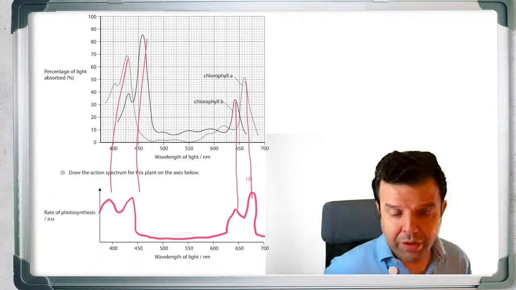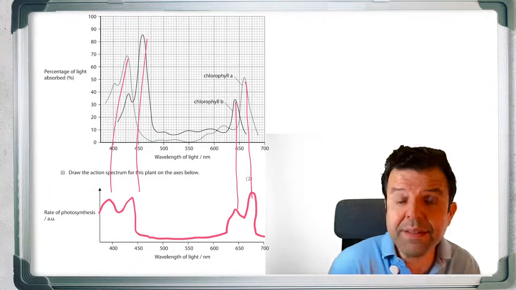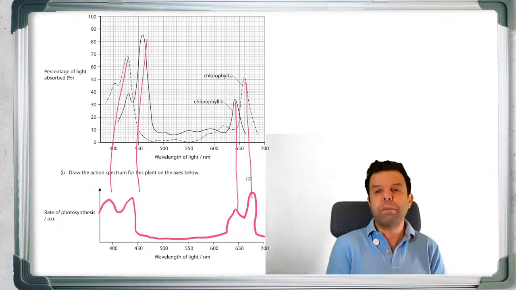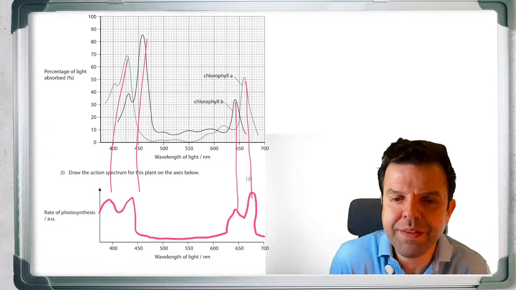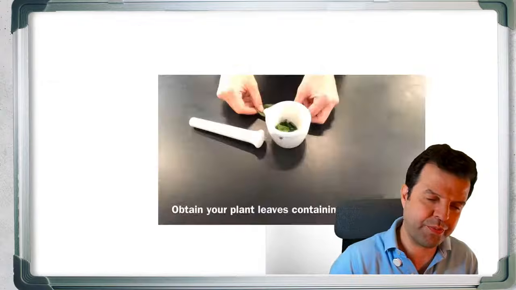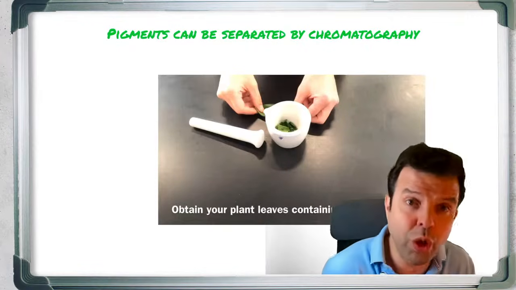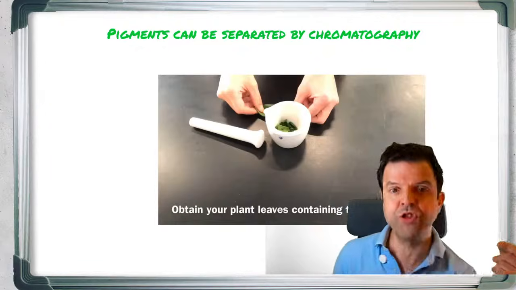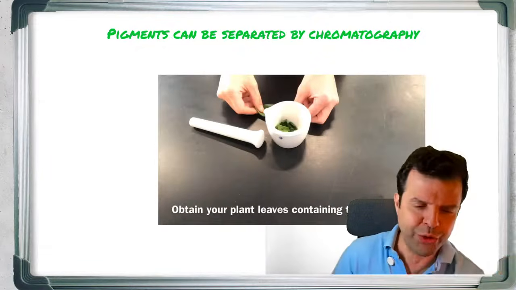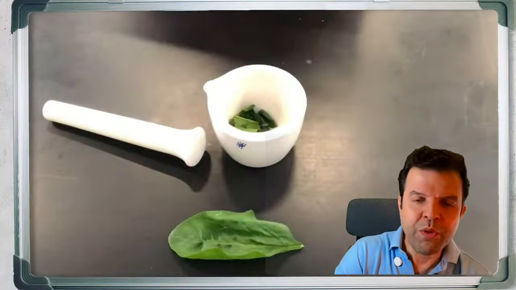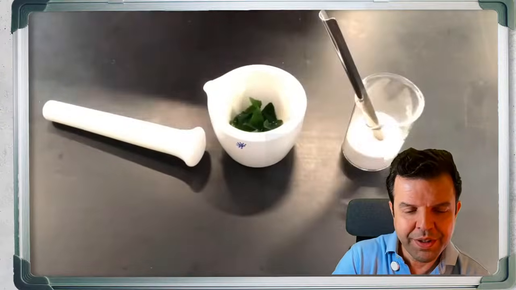Yes, I have another experiment now, which is chromatography. Here, we're trying to separate all the pigments that plants have. So let's say I gave you leaves. Usually in school, we do this with spinach because it's very rich with chlorophyll. So we take those leaves, we first grind them.